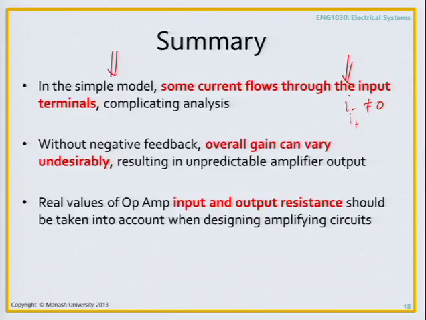Without negative feedback, if we just use an op-amp like this, the gain will vary really undesirably with AOL. And finally, real values of the input and output resistance should be accounted for when you design your circuit.